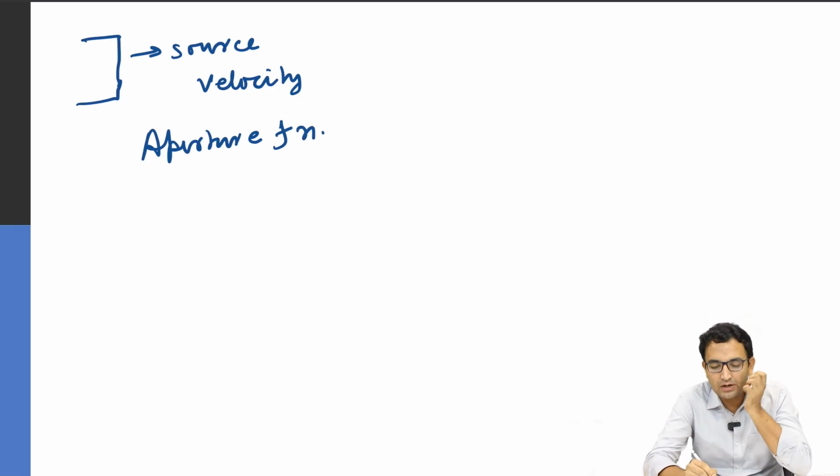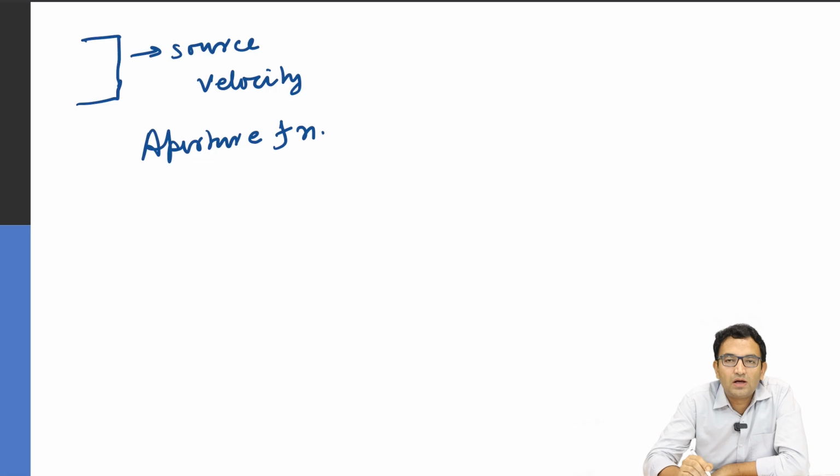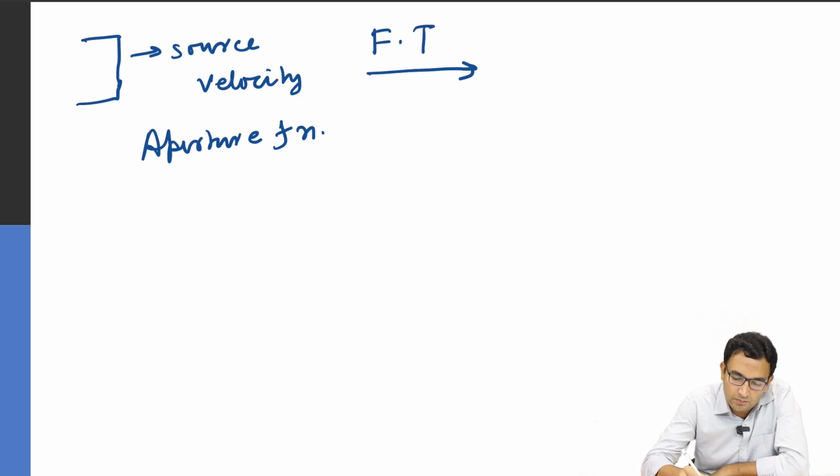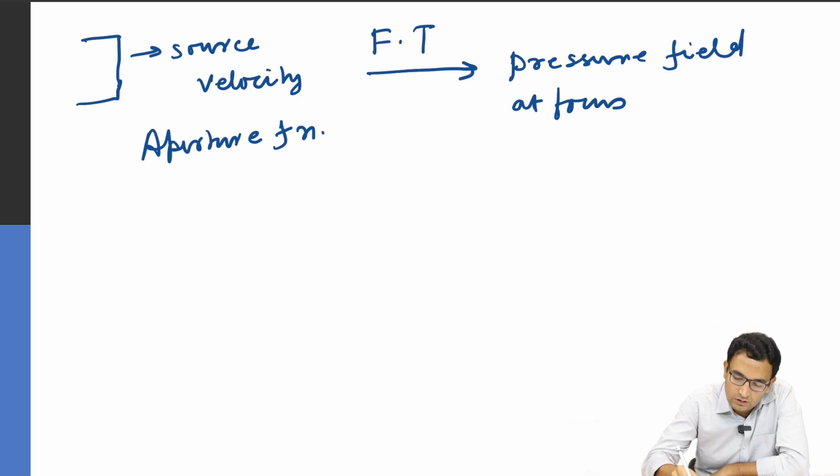So here the aperture function is a rectangular signal, right? It's a rectangular pulse-like signal. So if you remember, there is a Fourier transform relationship between the source velocity or the aperture function and the pressure field at focus. So if you take a cross section of the beam, right?